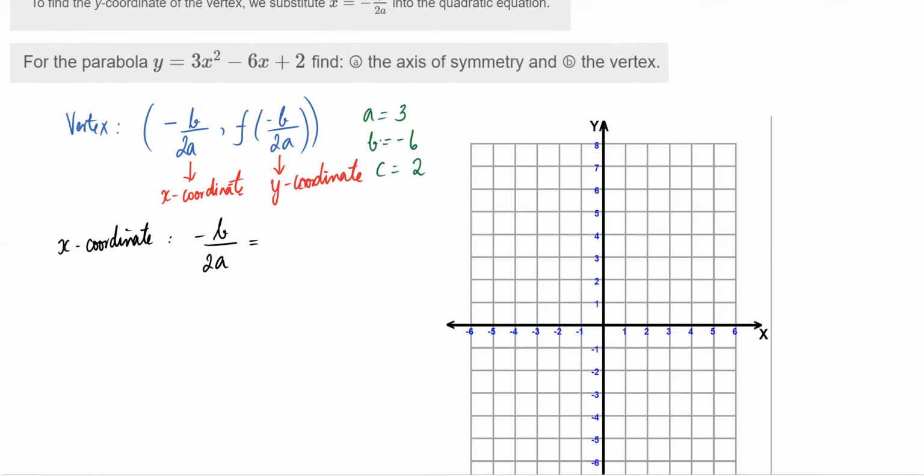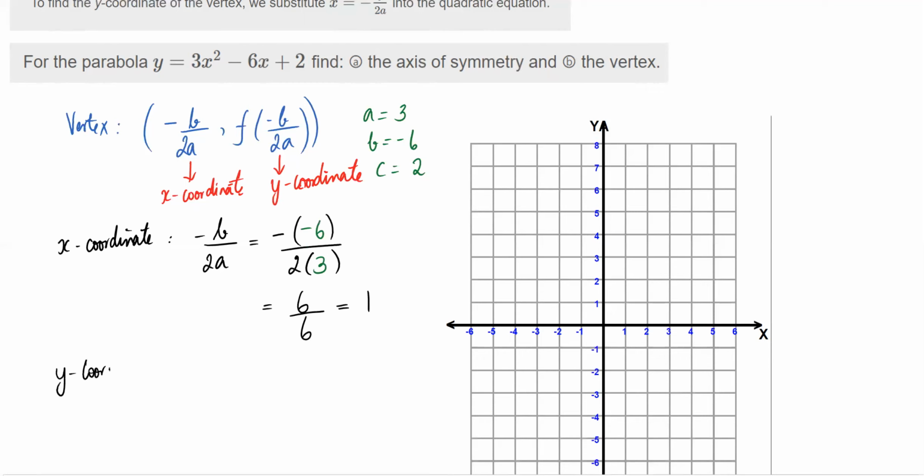All right, so negative b over 2a. And then we plug in for b as negative 6. You notice that there is double negative there. A is 3. Okay. So that's going to be positive 6 over 2 times 3 is also 6. That gives you 1. So x coordinate is 1.